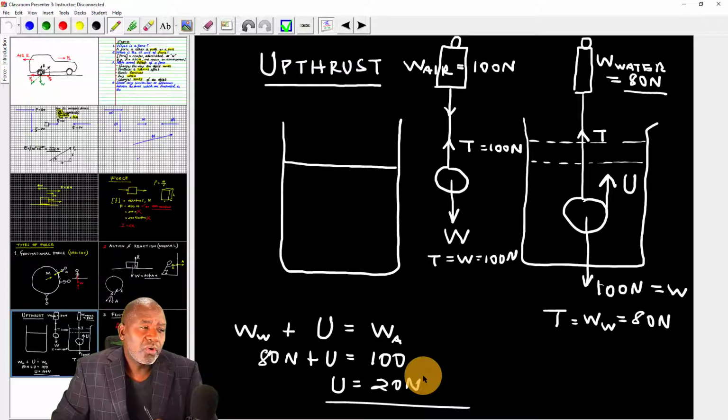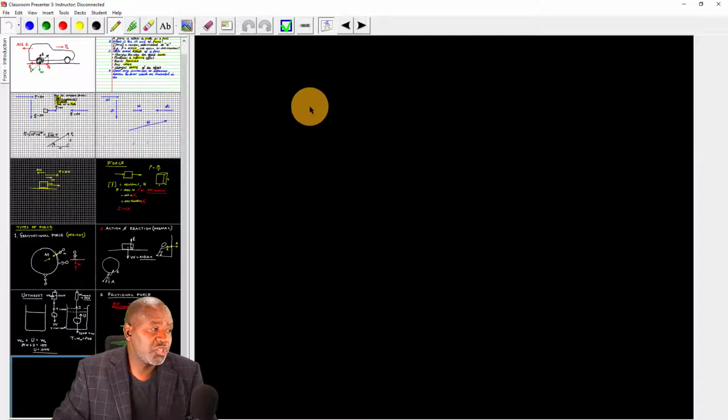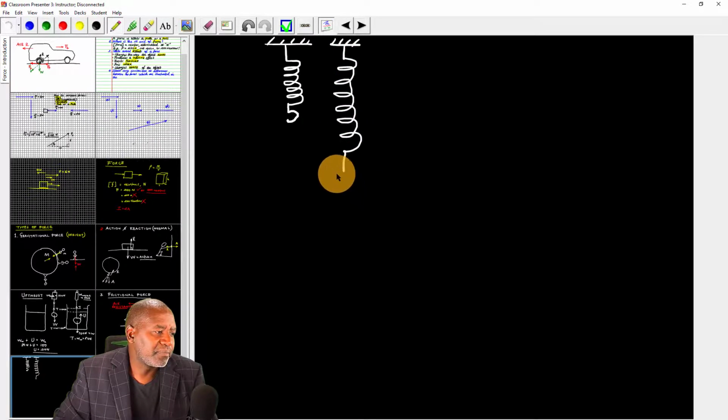Now let me quickly go through tension. Okay, where do we get tension? We get tension mostly from springs. This one is the support of a spring. Got a spring which is hanging there. It's common knowledge that if we are to suspend a mass there, that spring will become longer. It will stretch.